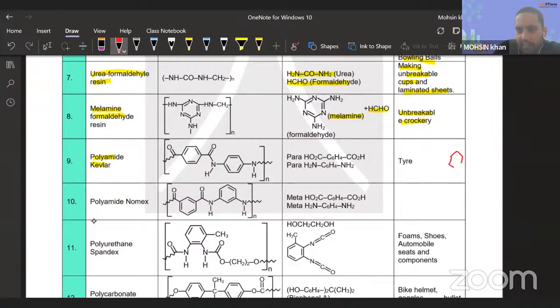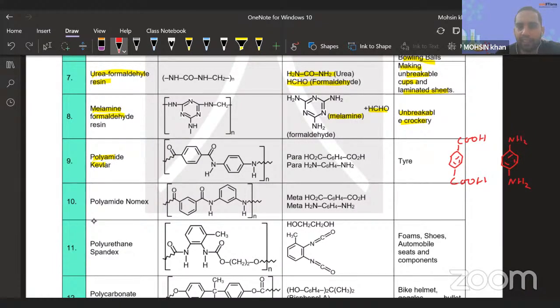One is terephthalic acid, COOH, and the next unit is NH2. So these are the monomers. It is used in the formation of tires.